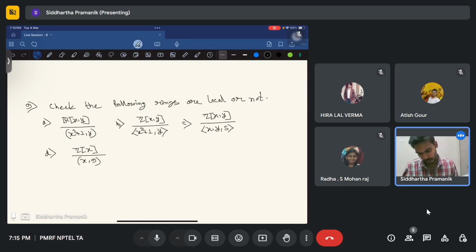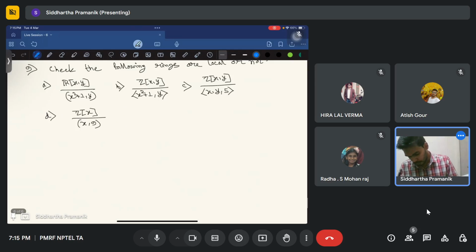Yeah, let's try with these four only. So let's check one by one whether these are local rings or not. We just need to check whether these rings have a unique maximal ideal or not.